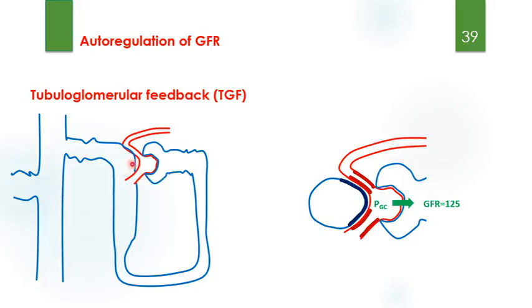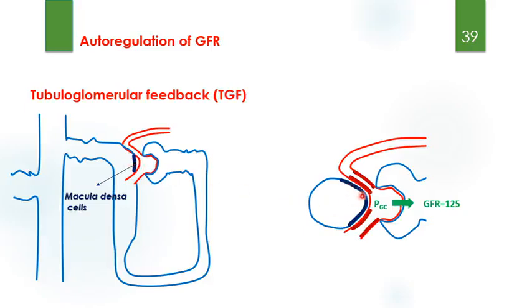The tubular cells in this part, known as macula densa cells, are specialized cells that are sensors of sodium chloride in this part.